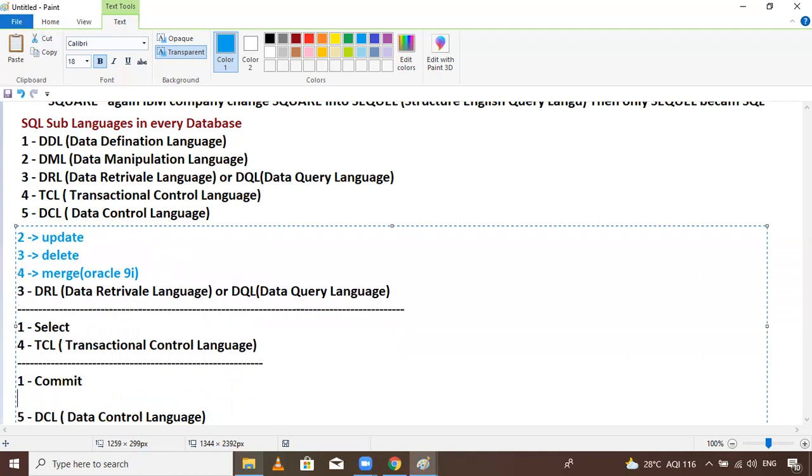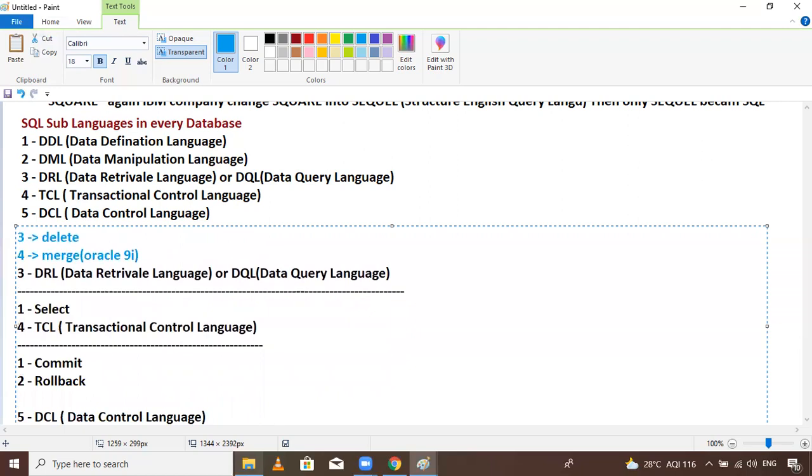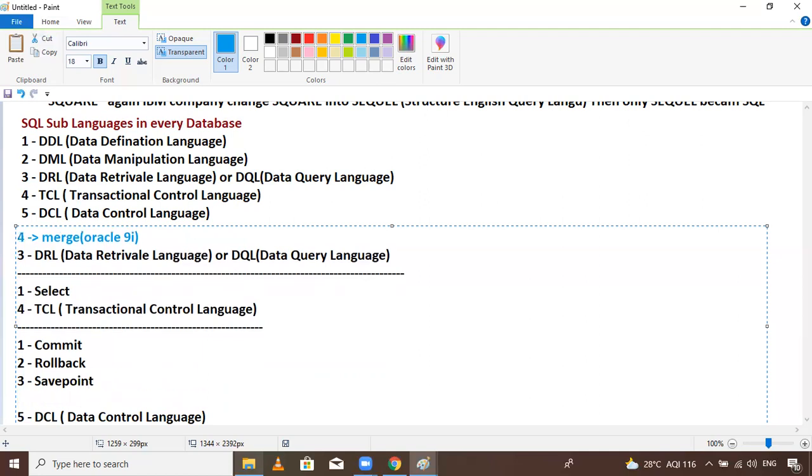Commit is very important. Without commit, you cannot perform any permanent operation in the database. Third is savepoint.